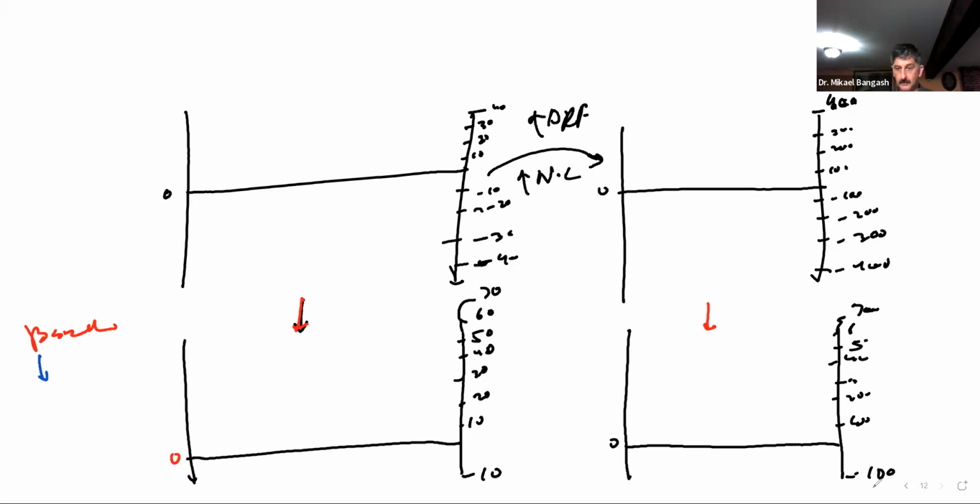So by bringing the baseline down to the same degree as you had over here, we are able to measure up to 100 centimeters per second as a negative velocity. But as our positive velocity, we are able to measure up to 700 centimeters per second. Did you get that? Yes.